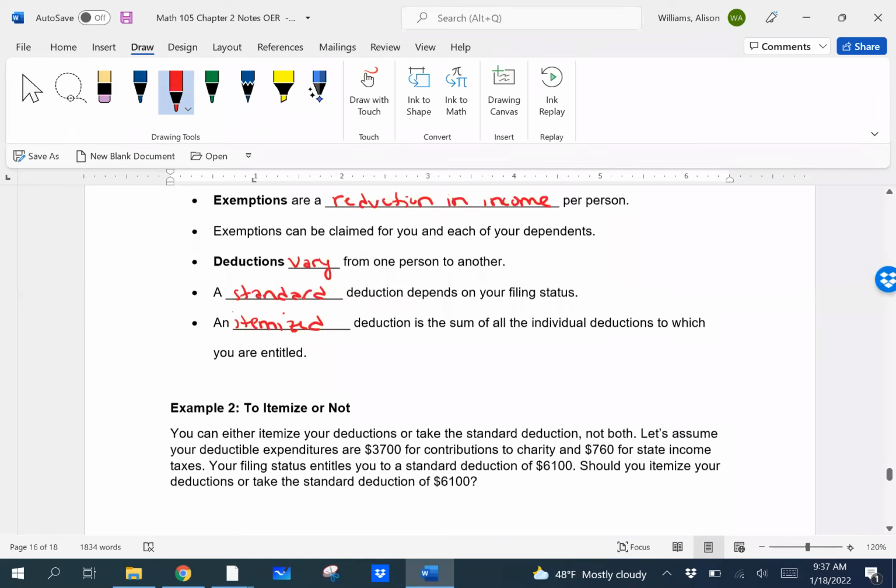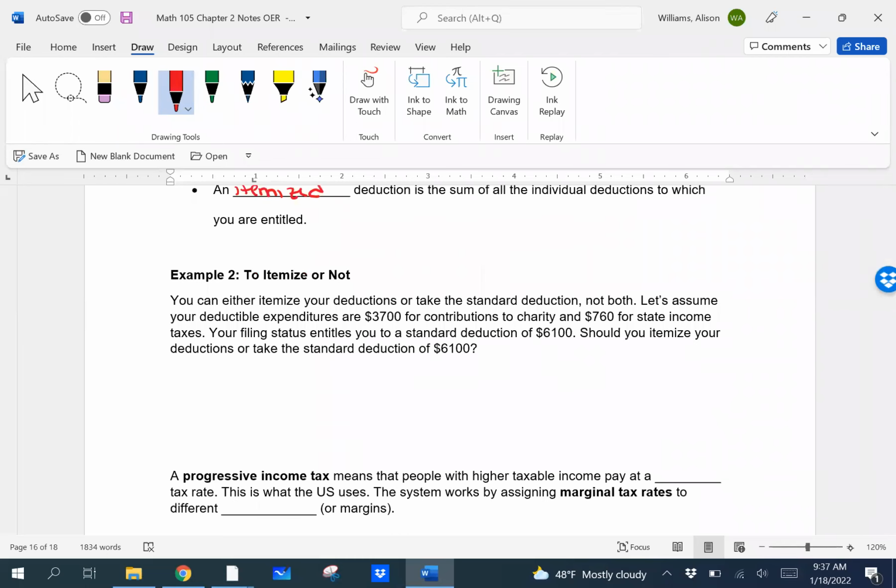Let's look at an example of whether or not somebody wants to itemize or take the standard deduction. So you can either itemize or take the standard. Let's assume that your deductible expenditures for contributions to charity and state income taxes are $3,700 and $760. So let's calculate the itemized deduction.